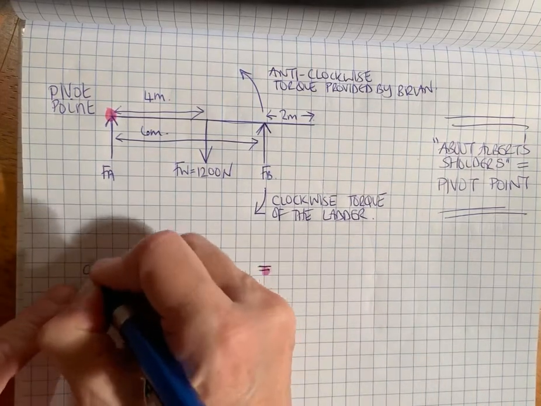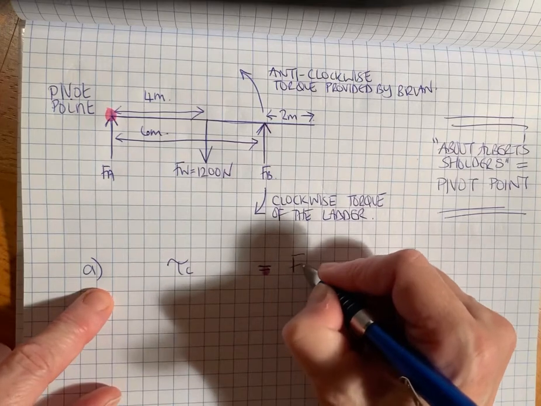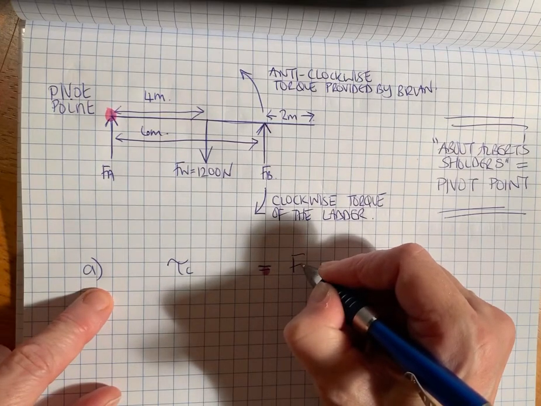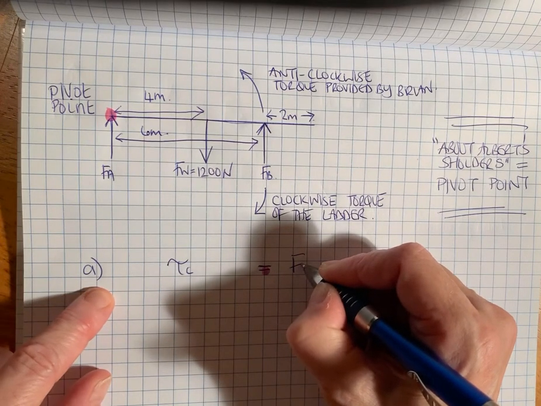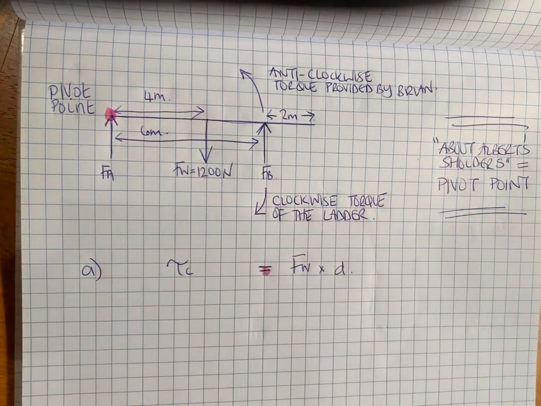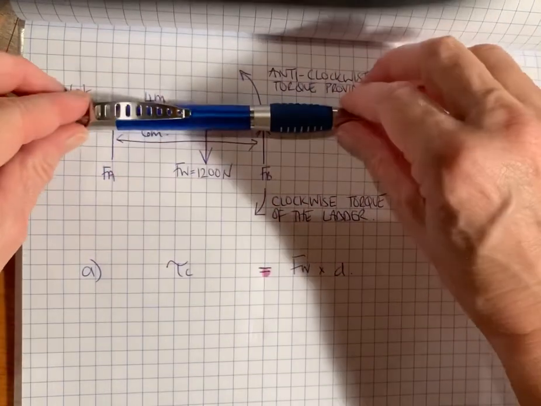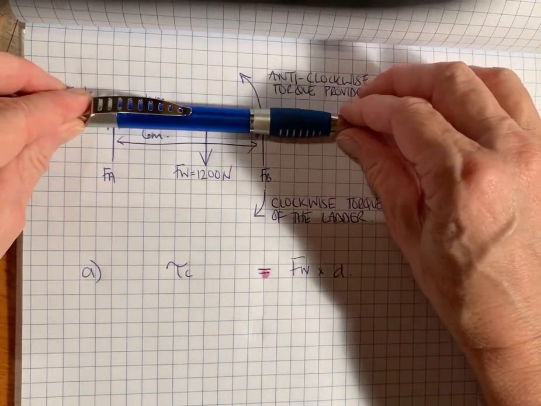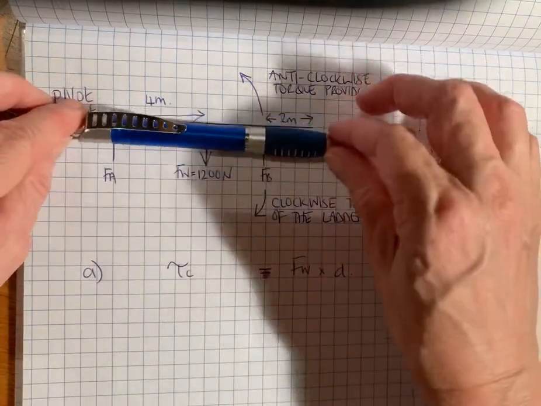So for A, the clockwise torque is the weight force times the distance. So this is the clockwise torque exerted by the ladder. For the ladder to be coming in a clockwise direction, it's got to be coming around like this.